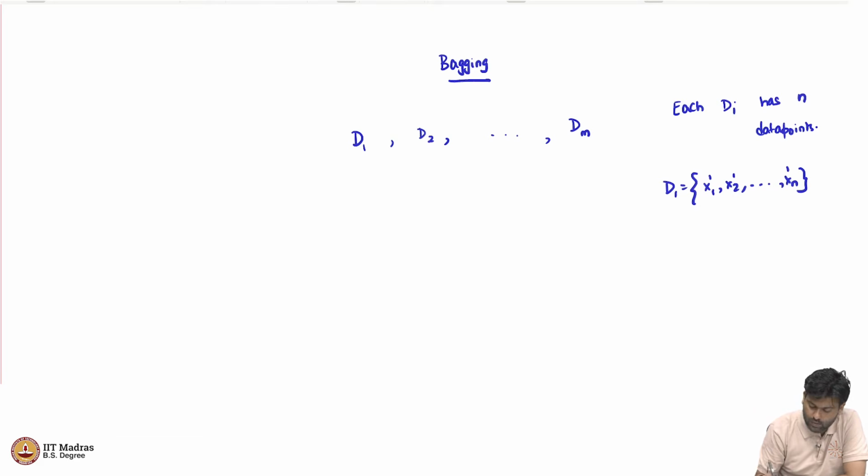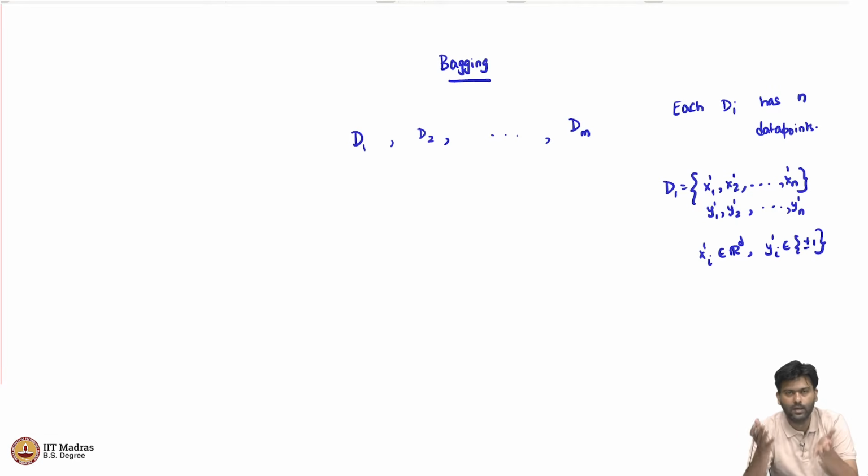And of course, it is not just x; you also have y associated with it, where x1i is in R^d, let us say, and y1i is in plus or minus 1. Basically, you have a standard classification data set of feature comma label pairs, and each data set contains n of them.